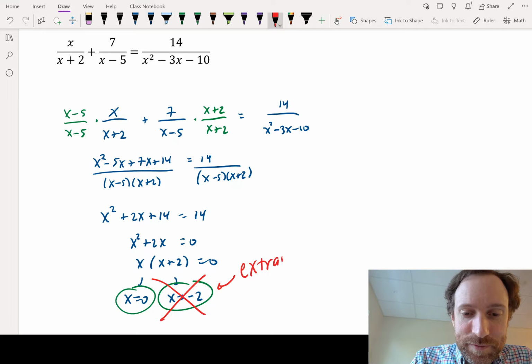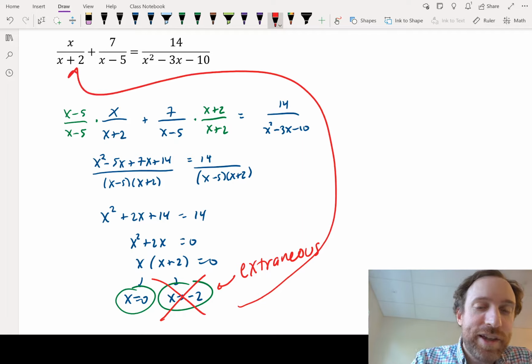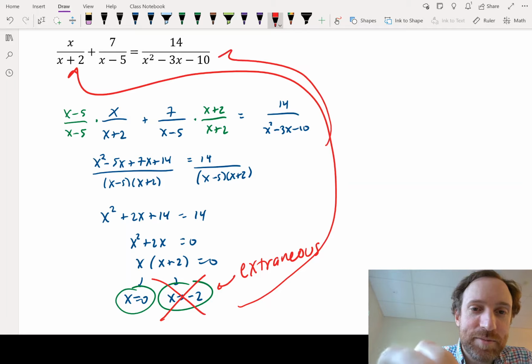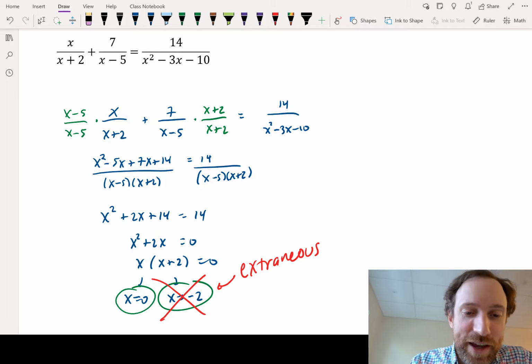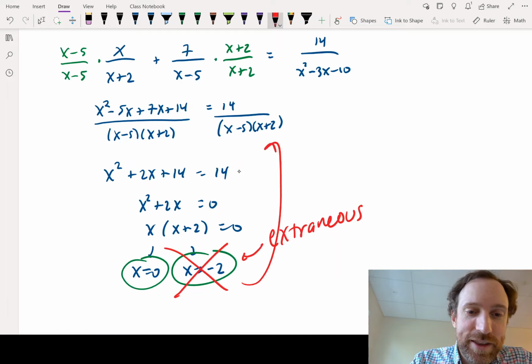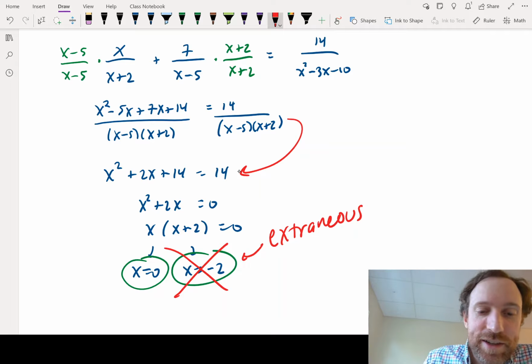Why? Because it makes your denominator 0. Substituting it into the original expression causes us to divide by 0, actually on both sides, which is bad news. X equals -2 doesn't even work in this step. It was in fact this step where we introduced the -2 as the solution.